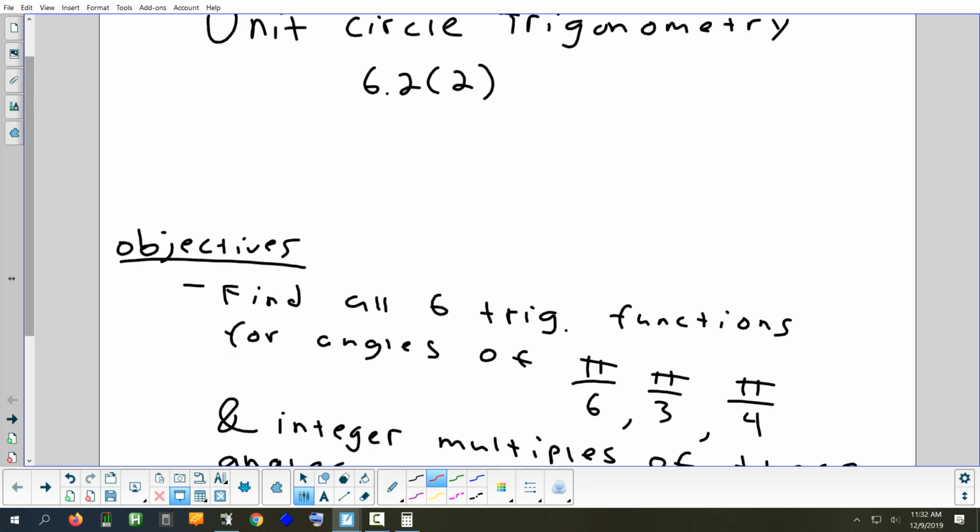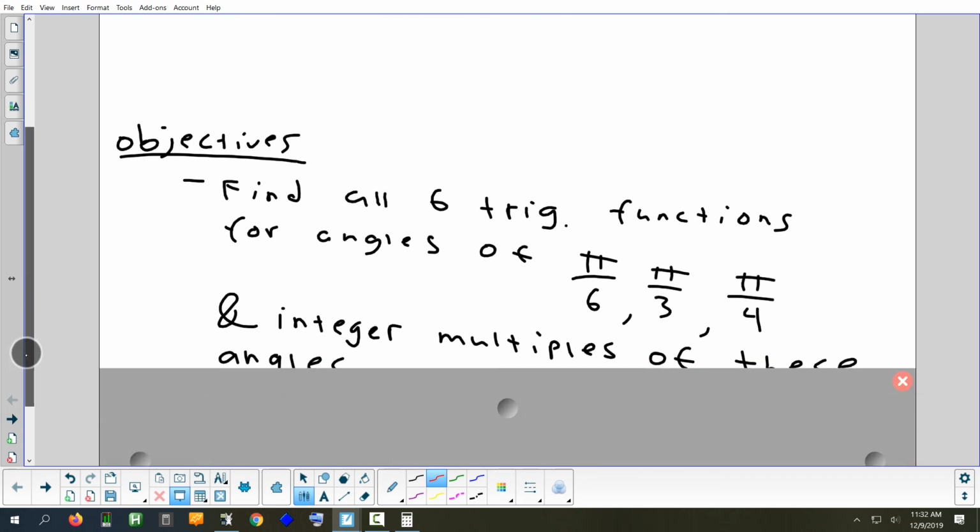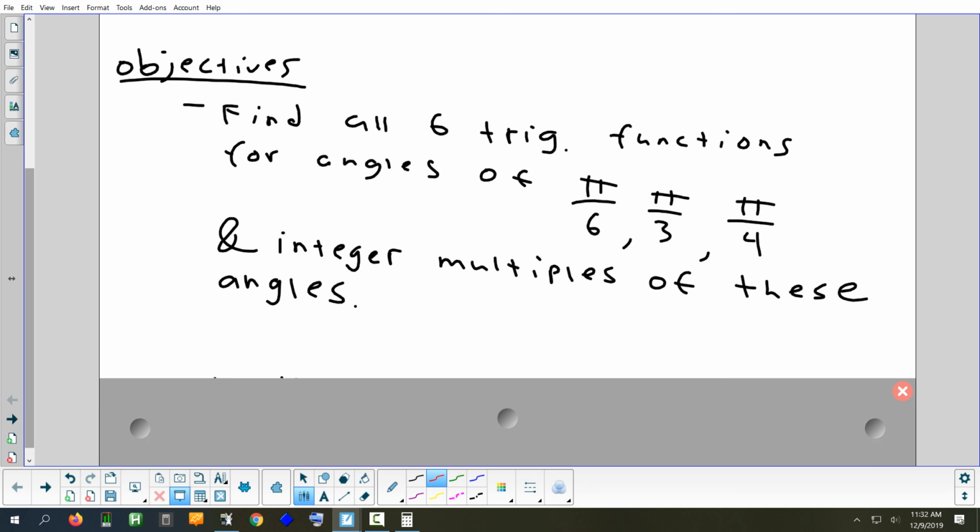If you can find the coordinates for a 30, a 60, and a 45, then you're going to be able to find the coordinates for any multiple of those angles. If you can do 30, you can do 120. You can do 45, you can do 135. It's just 45 times 3. So 30, 60, 45.